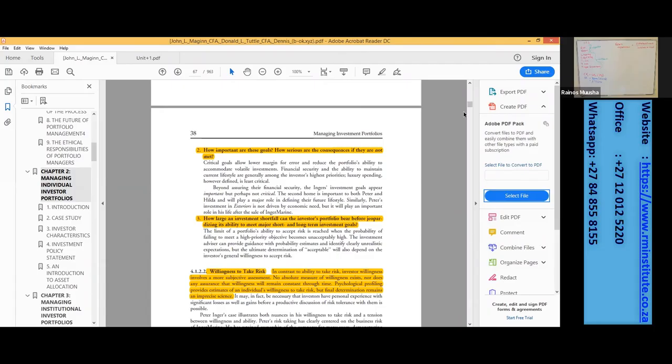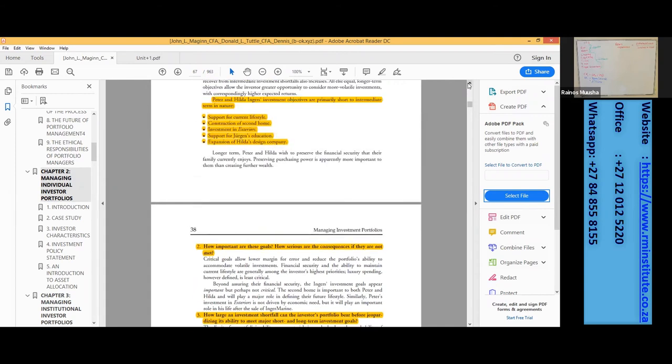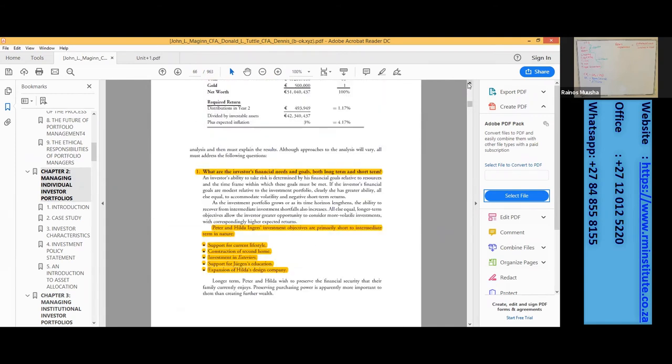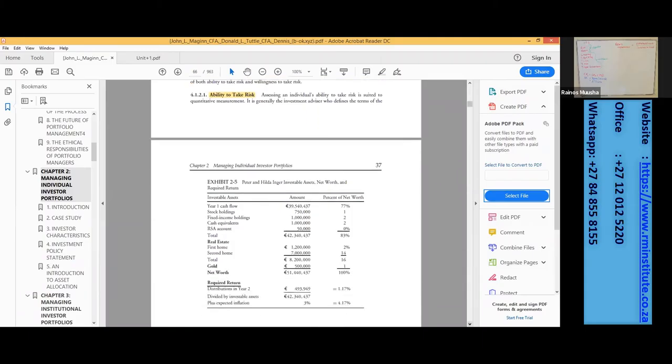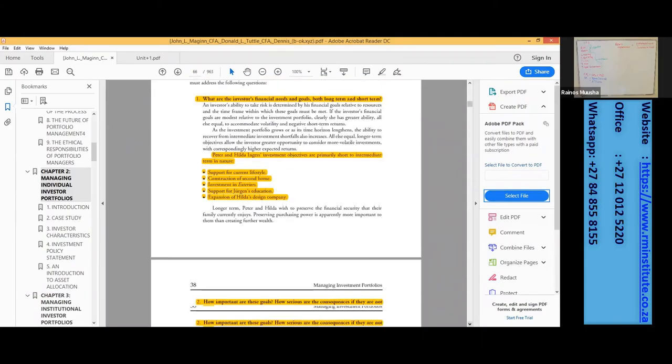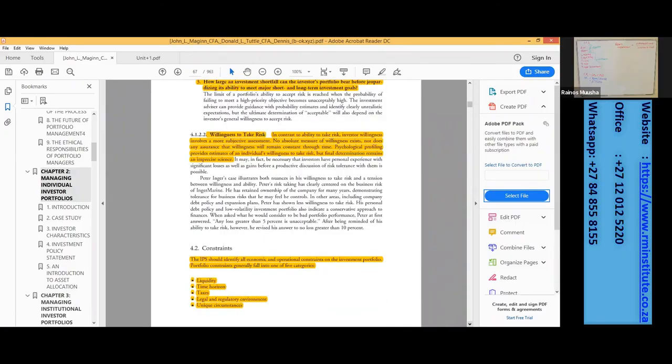So after this, remember I said we first looked at the ability of the investor to take risk. The second issue that needs to be addressed is the investor's willingness to take risk as well. And here they say, in contrast to ability to take risk, investors' willingness involves a more subjective assessment.